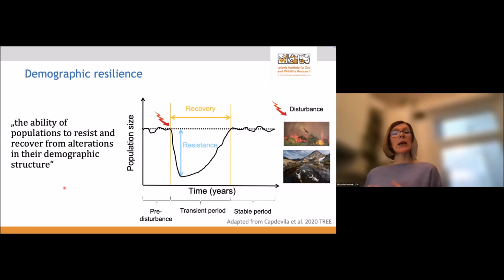Thus, demographic resilience, just as ecological resilience more broadly, sensu lato, has a so-called bivariate character and requires measuring two components, resistance and recovery, where resistance is defined as the extent to which the population size is affected by a disturbance, and recovery is the time that is needed for a population to come back to its pre-disturbed or quasi-stationary state. So this set of metrics belongs to those that consider one single equilibrium for a system.